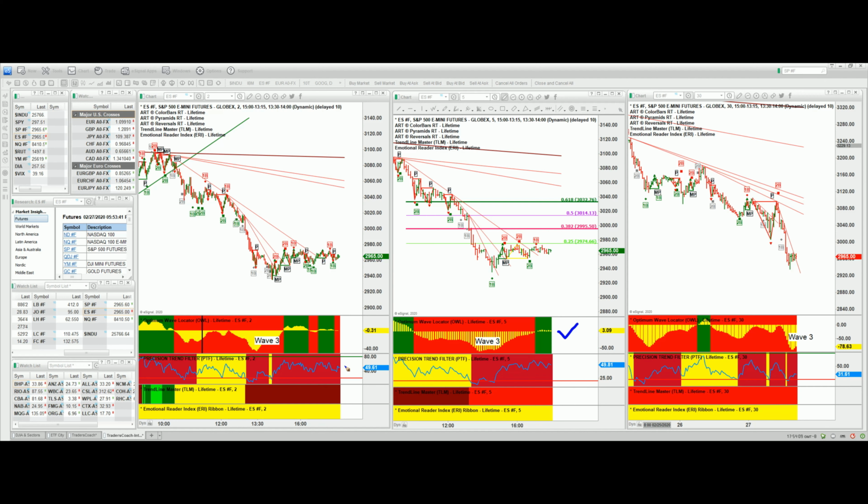So with a red PTF on the 2, we could actually see some more selling before we get into this target zone here, because I do think we're going to get up to this target zone here before selling off. So this could be a 3, 4, and a 5. So for tomorrow, this is kind of what that's looking like, but we're going to have to watch the 2-minute time frame. So I imagine we'll probably dip down a little bit lower, maybe take this bottom out here, and then move back to the upside.